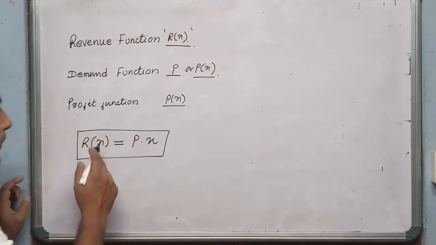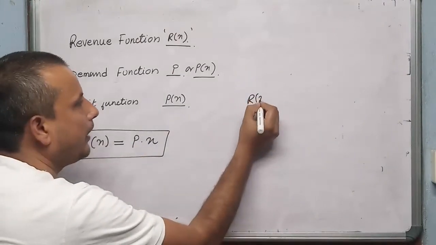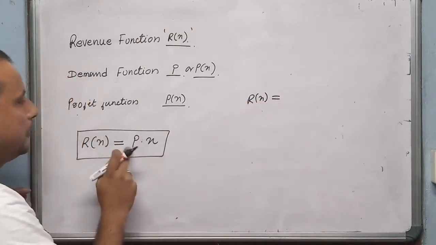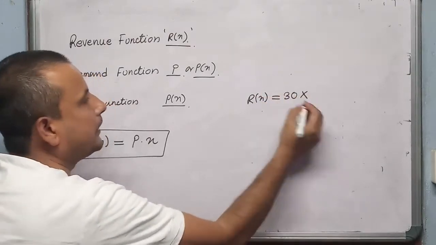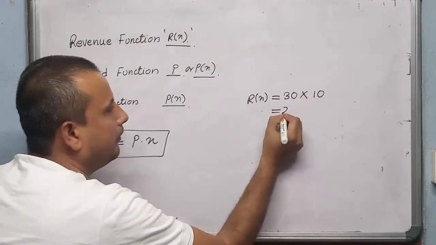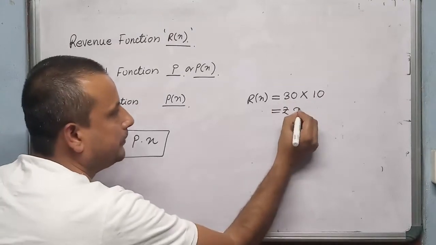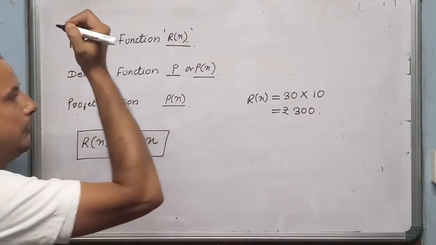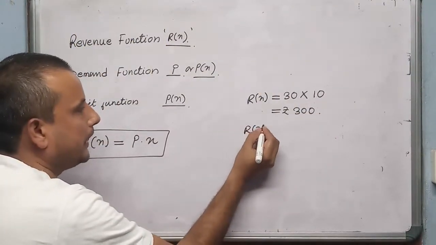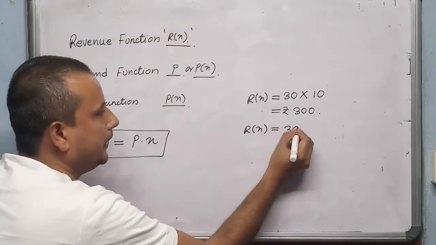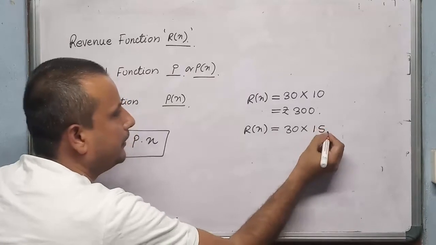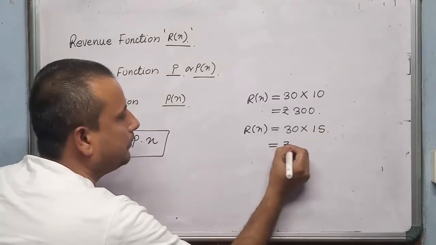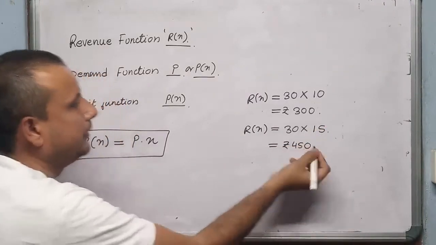Now let us suppose I'll use the formula. Rx is equal to the selling price of the one marker, rupees 30, and if you are selling 10 markers, then what will be your revenue? 300. The selling price of the one marker is 30, and if you are selling 15 markers, then rupees 450 is the revenue.